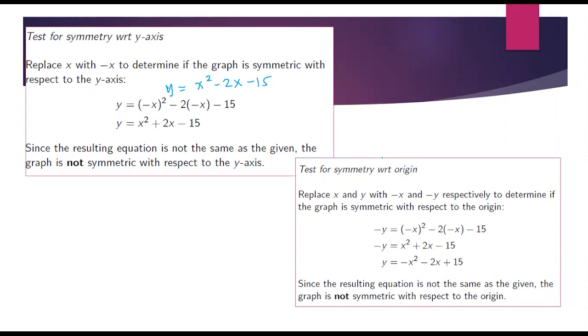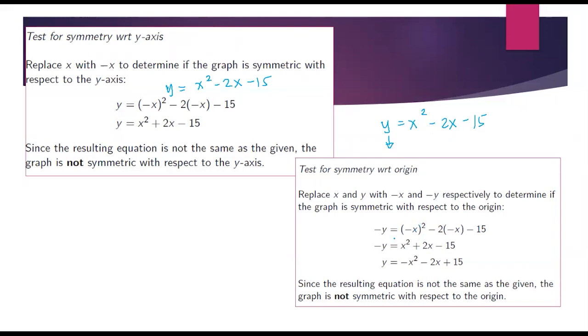This time you're going to replace x and y with negative x and negative y respectively. If you have y is equal to x squared minus 2x minus 15, your y here will be replaced by negative y, and all the x's will be replaced by negative x.